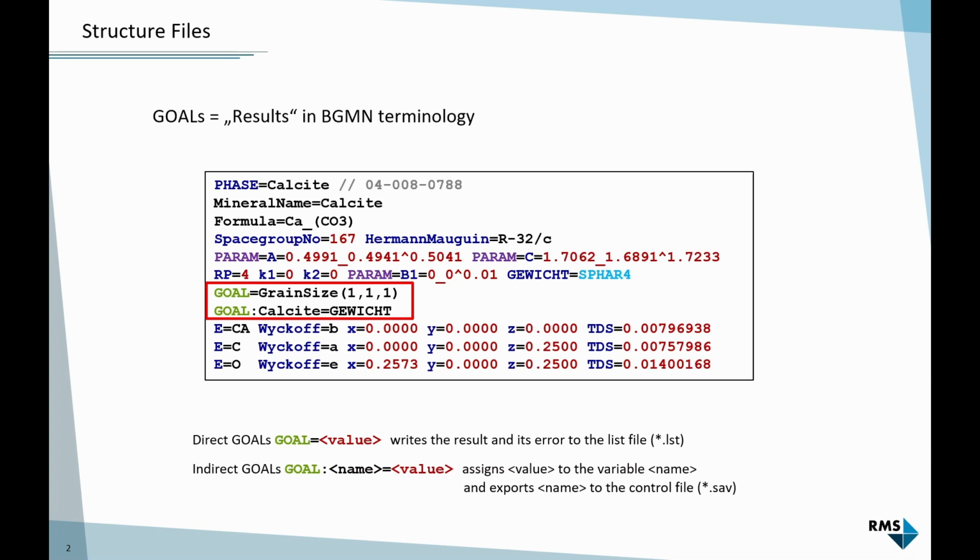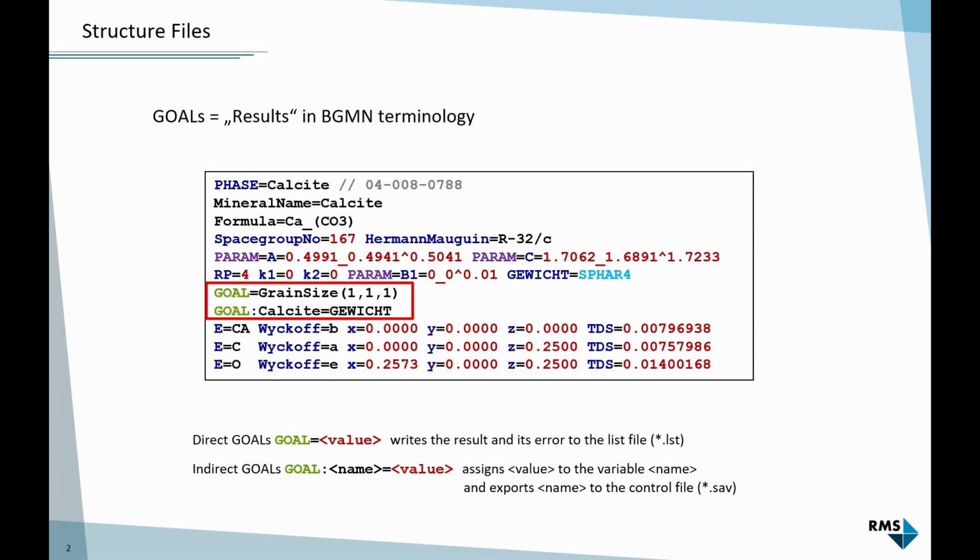A direct goal means nothing else than write the result to the output file. So when we write goal equals grain size 111, this means grain size is a built-in function in BGMN. It converts the B1 parameter to an actual crystallite size in nanometers. So this is a built-in function that returns some kind of result.